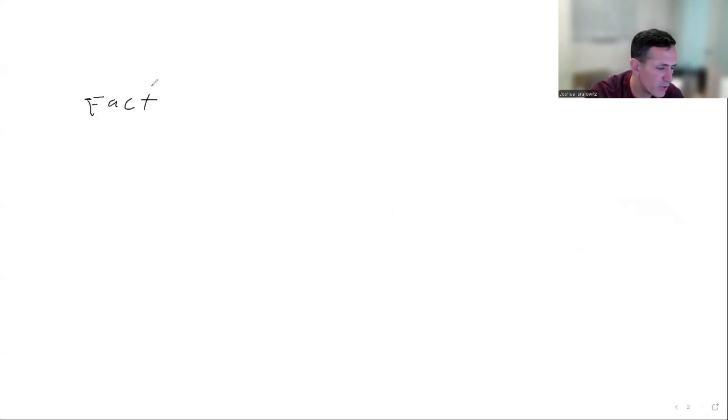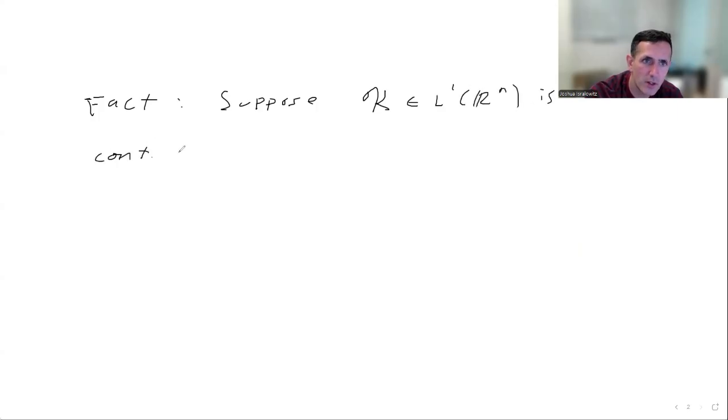So how does this connect to the Fourier transform? Let's say we have script K is L1. Let's say it's continuous. And let's say its Fourier transform is also in L1. So in particular, I can use Fourier inversion.